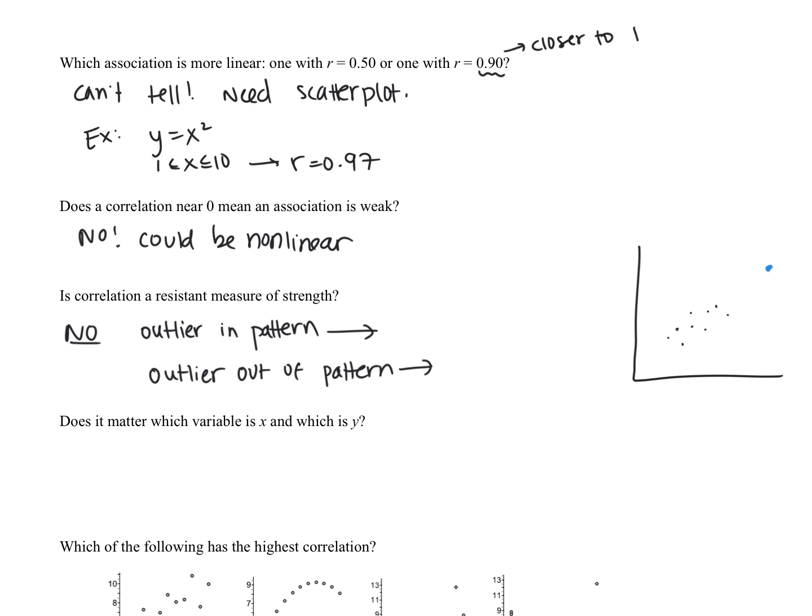Stronger or less strong? Stronger. Okay, so an outlier in the pattern like that one, R is going to get closer to 1 or -1. It strengthens the relationship. On the other hand, if we have an outlier that's out of the pattern, like this red one, clearly doesn't follow the pattern, that will weaken the relationship. So in that case, R will get closer to 0.